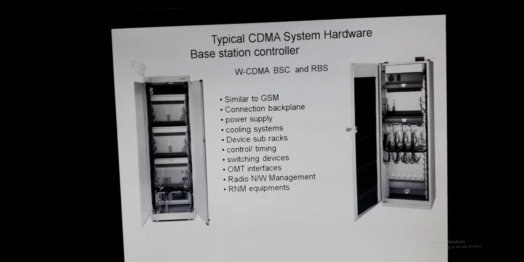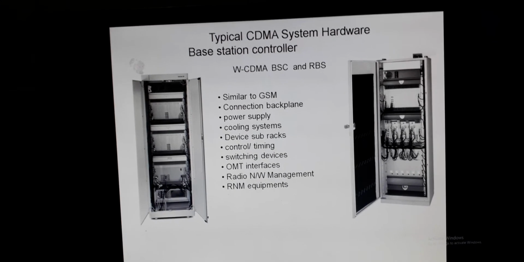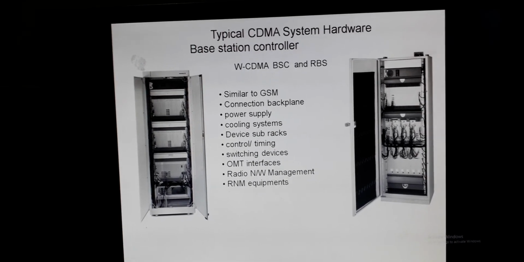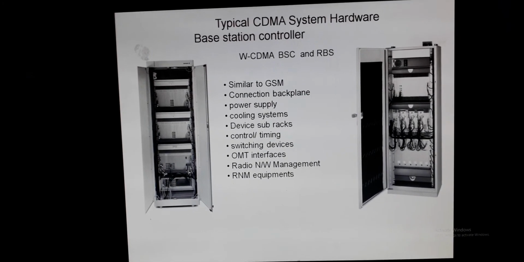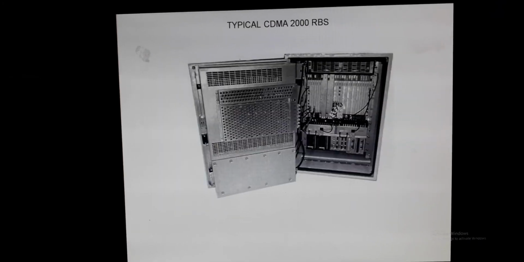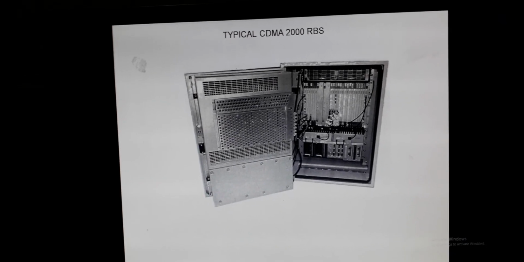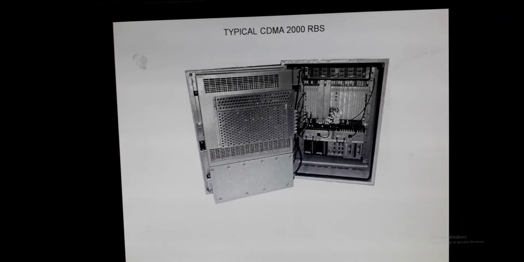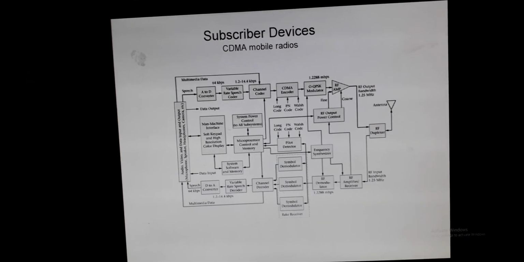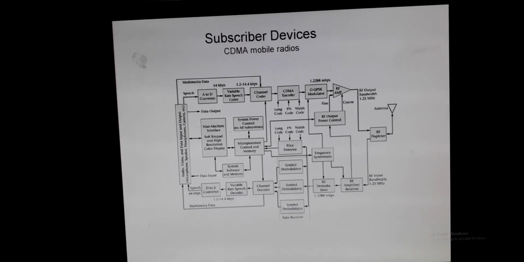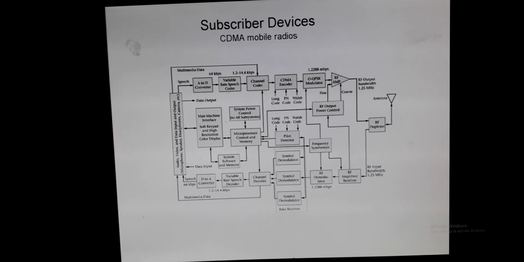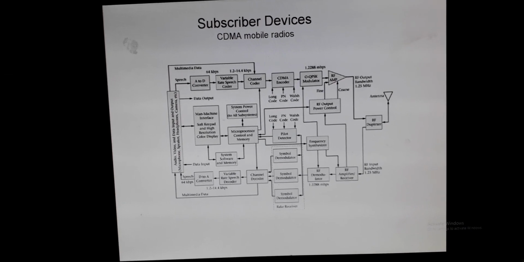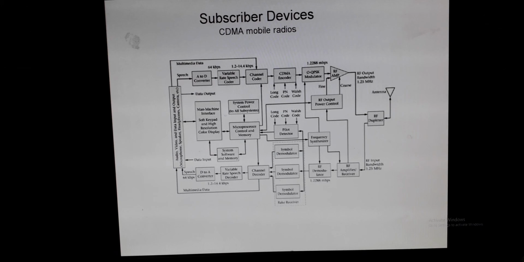You can identify the parts. These are some racks, just for introduction and just to have a glance, this will be given in the syllabus. This is the CDMA 2000 RBS subscriber device. If you see how many blocks there are in subscriber devices, it was already discussed in the third chapter. This is for CDMA.